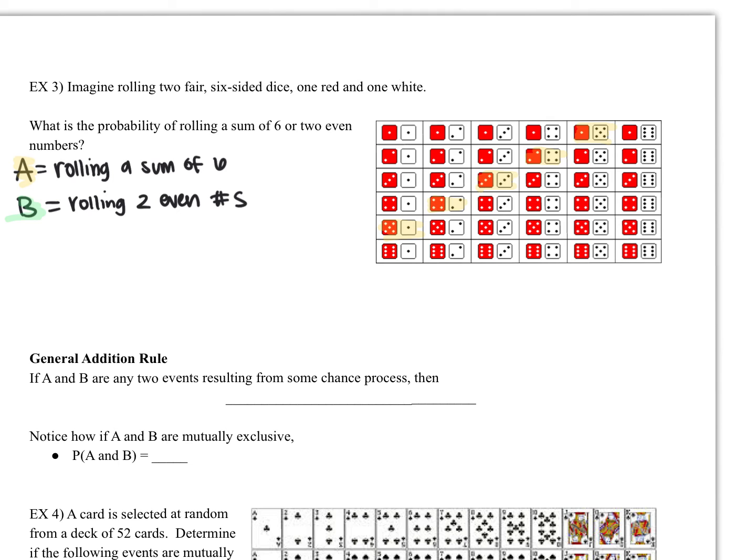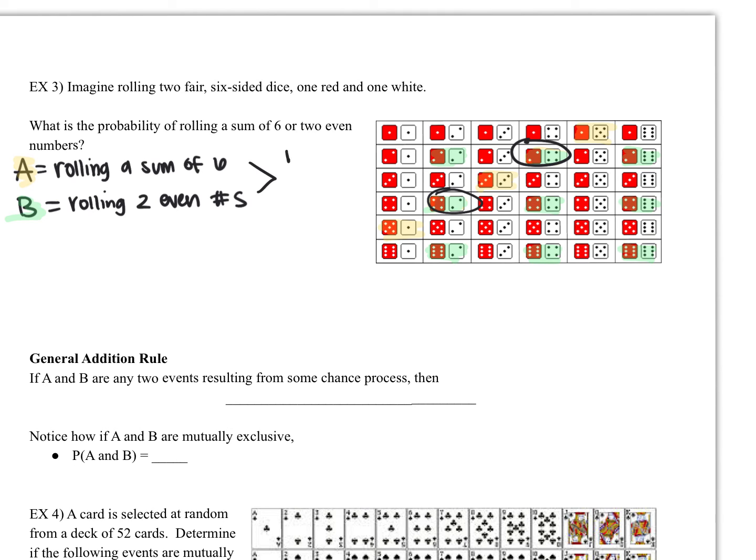So we've got 2 and 2, 2 and 4, 2 and 6, 4 and 2, 4 and 4, 4 and 6, and then 6 and 2, 6 and 4, 6 and 6. And notice here, there were 2 times where I highlighted something that was already yellow. So that happened when I highlighted my 2 and 4 and my 4 and 2. Those are 2 even numbers that have a sum of 6.